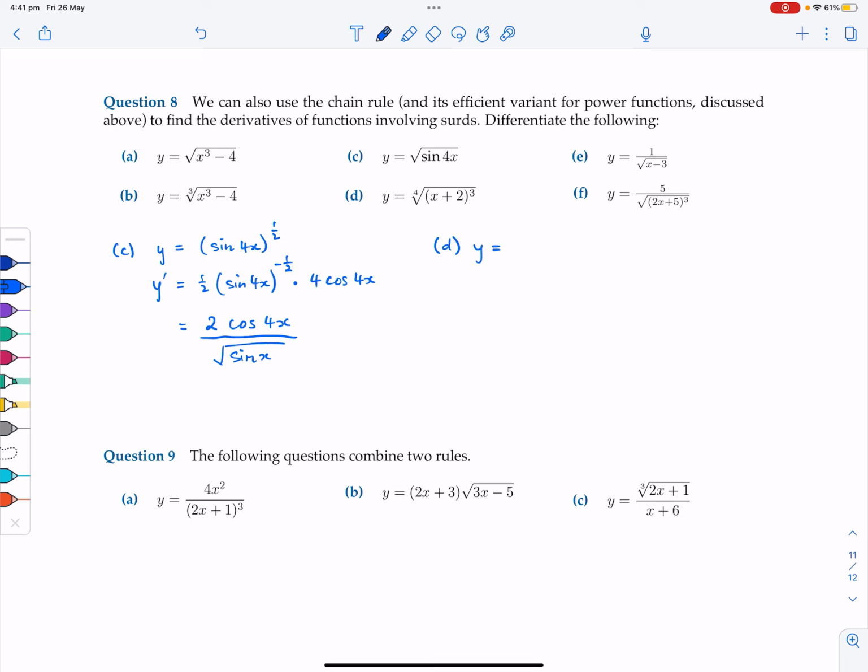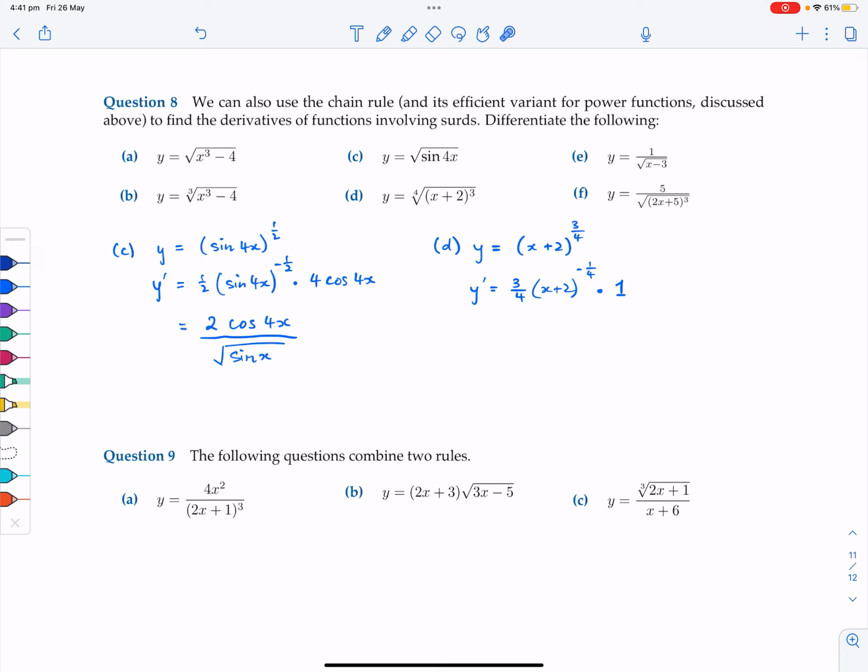Right, D. Take that question and rewrite it in index form. So that is x plus 2 to the power of 3/4. So y dash, we've got 3/4 x plus 2 to the power of negative 1/4. That's 3/4, take away 1. We need to multiply it by the derivative of the inside. The inside is x plus 2. The derivative of that is 1. So if we forgot to multiply by 1, it wouldn't have made any difference.